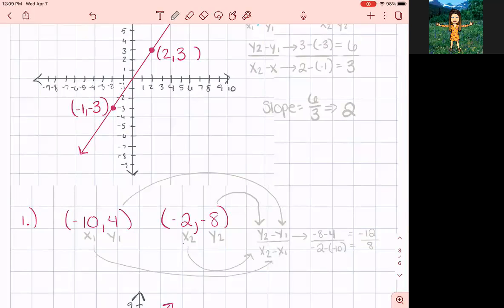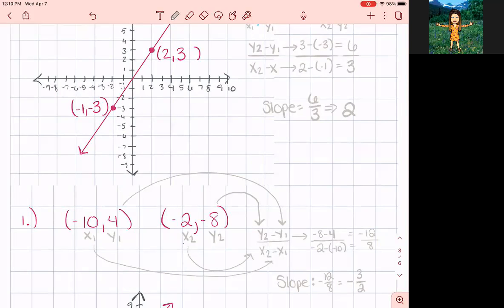So then I'm going to write my slope as -12 over 8, but I can divide both those things by 4, -3 over 2. If you wanted, you could write that as -1 1/2, but I'm going to leave it like that. And so there is your slope from coordinate points.